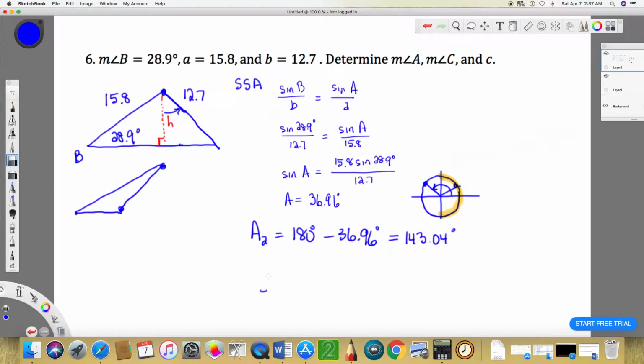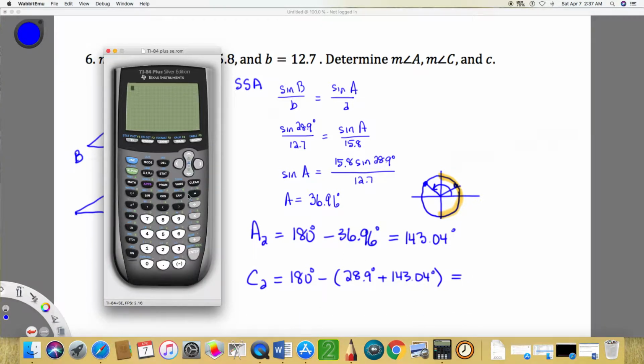Before I do that, let's find the measure of angle C. We know it's 180 minus the measure of the given angle, which was 28.9, and the sum of this 143.04. 8.06.